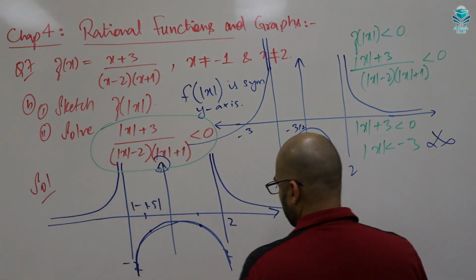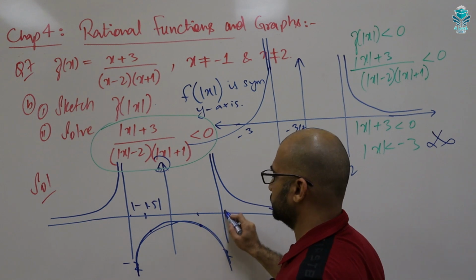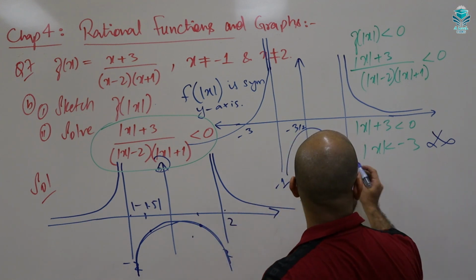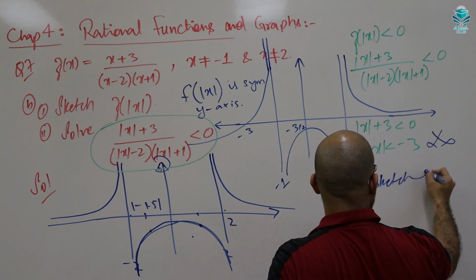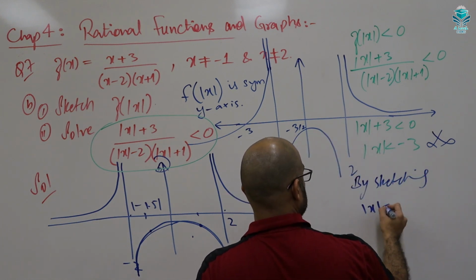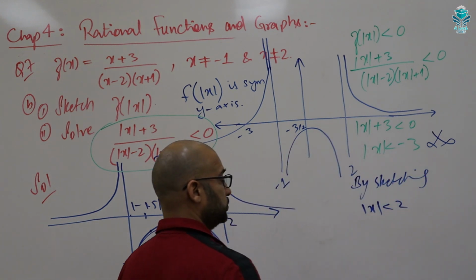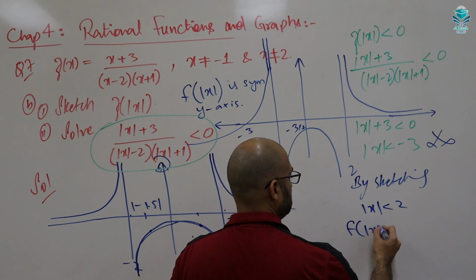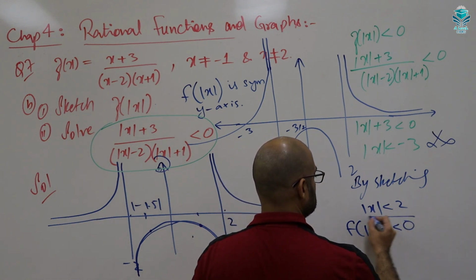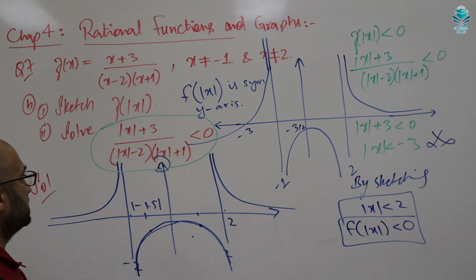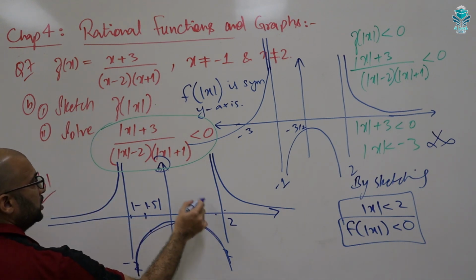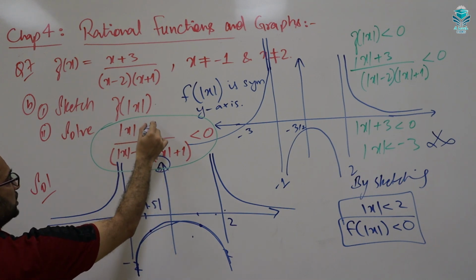Next we see that for the range from -2 to 2 the function is negative. So you can say by sketching, for absolute x less than 2, f of absolute x is less than 0. Or in other words, you can pick values between -2 and 2, you will see that this factor is always positive.